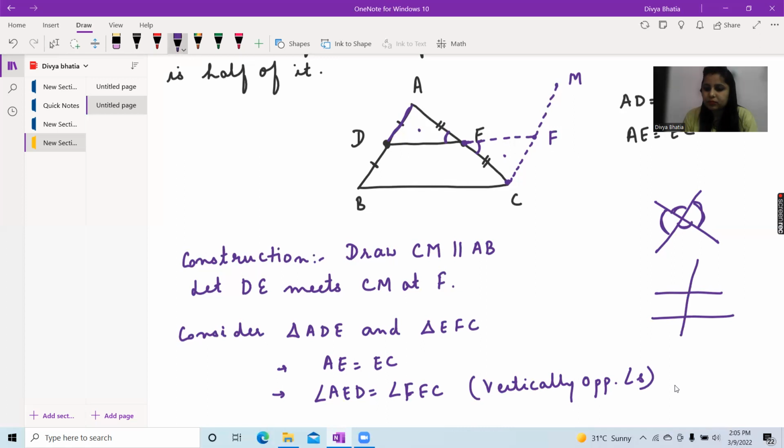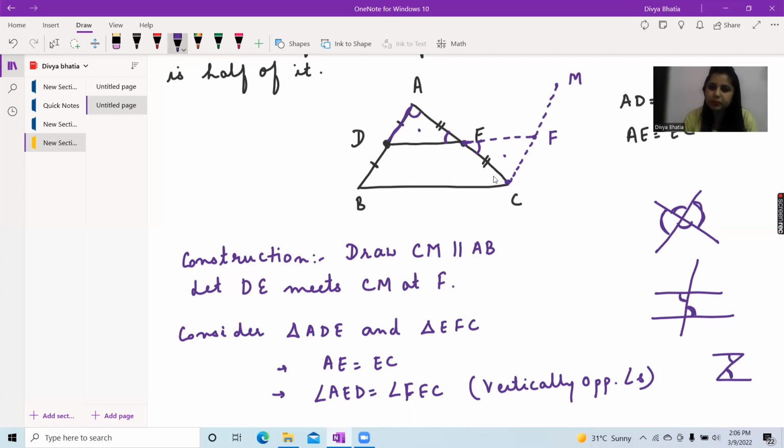Whenever we have two parallel lines and a transversal, we get alternate angles. They always form in the shape of Z. So you can see this is a Z, this is a Z.